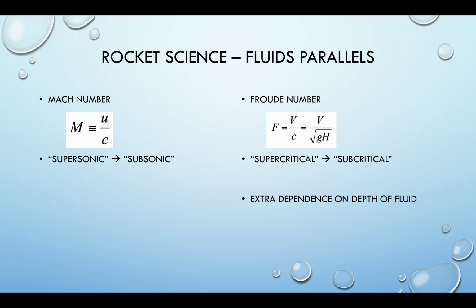So to bring this back, summarizing what we studied from rocket science and bringing this into fluids, looking into how this can be applied for the hydraulic jump. For gases, we looked at the Mach number, which again was comparing the speed of the flow to the speed of sound in that medium, while the Froude number compares the speed of the fluid or the liquid to the speed of any wave in that medium.